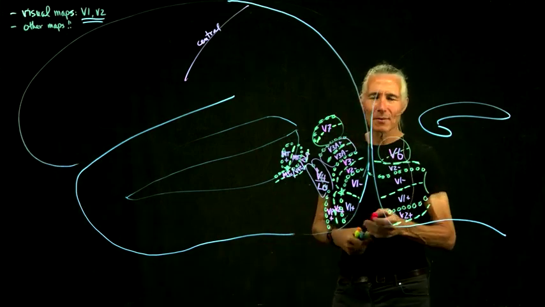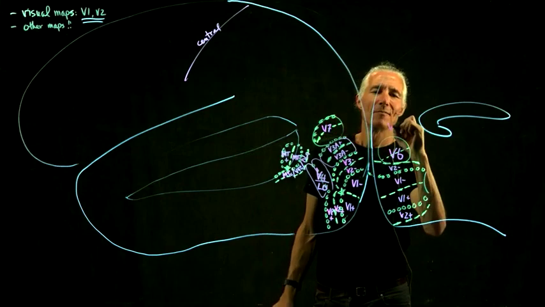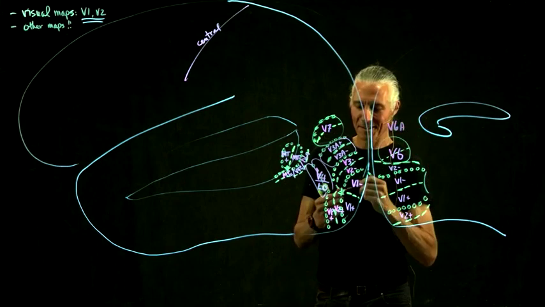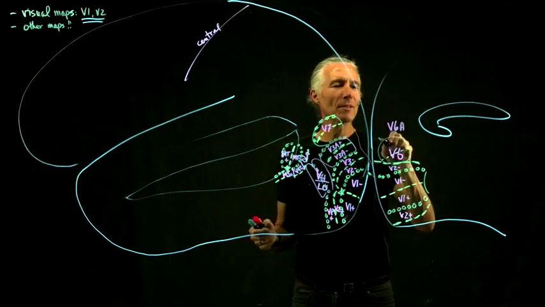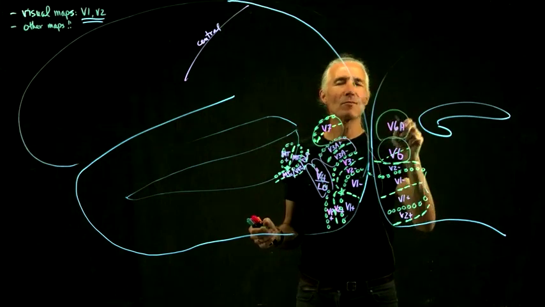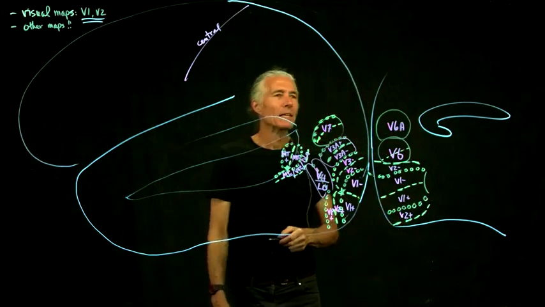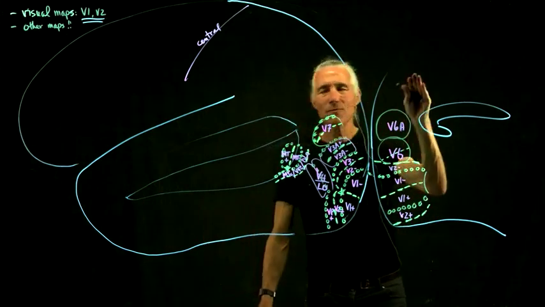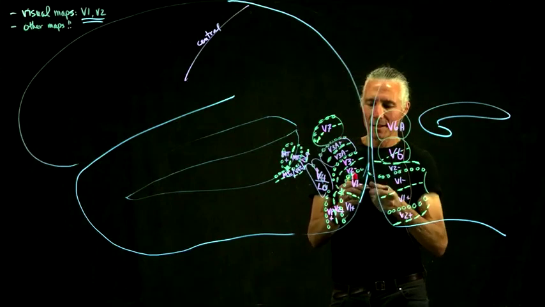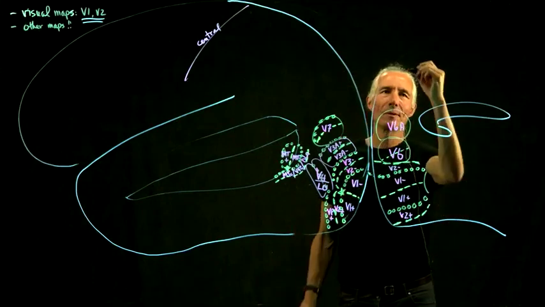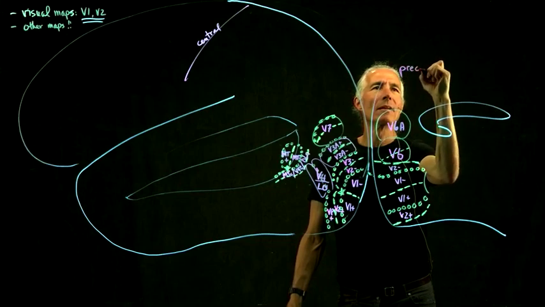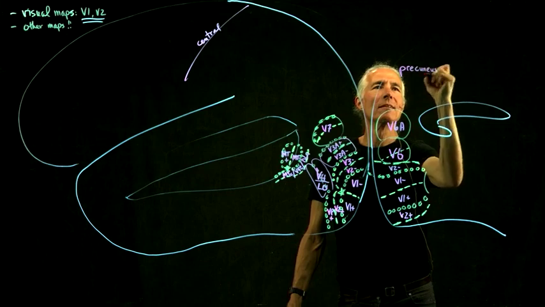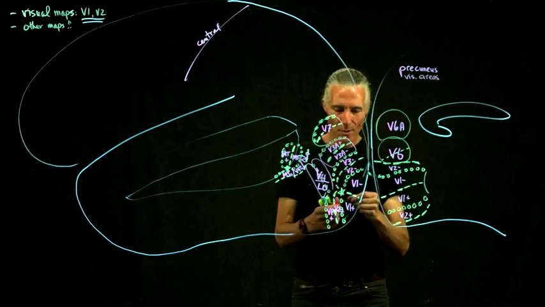And there's another area in front of it called V6A for V6 accessory. That one's more involved in reaching movements. And if you continue forward, there's another visual area with several maps in it called the precuneus visual areas.